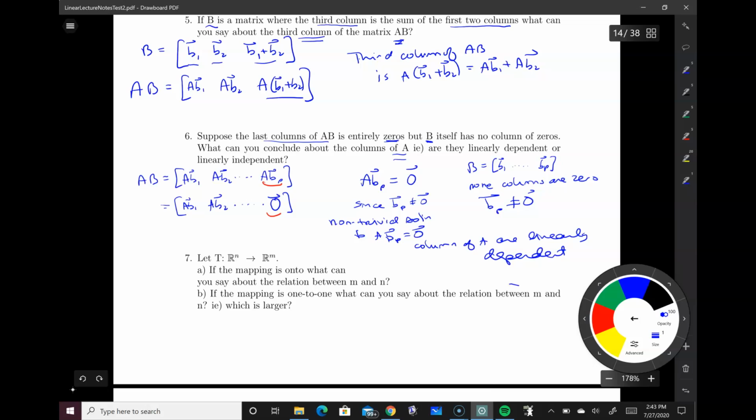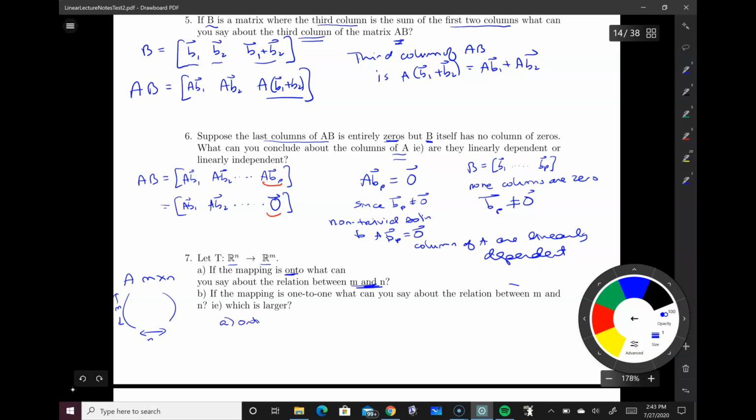All right. So here I'm talking about a transformation from Rn to Rm, and you know that matrix A has to be an m by n matrix. So let's just get a picture going here. I know it's n this way and m this way. If I know it is onto, what do I know about the relationship between m and n?